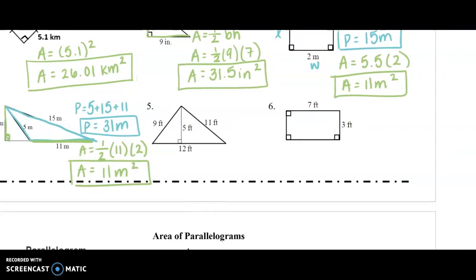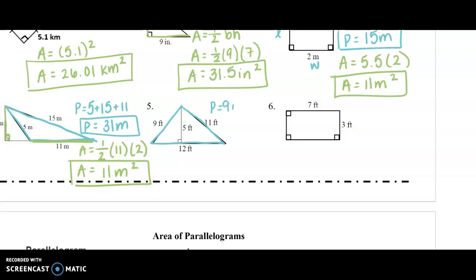Number 5, again, perimeter first. You only want to do the 3 sides of the triangle. You don't want to do that 5 feet that's on the inside. That's just the height. That has nothing to do with the outside all around the triangle.